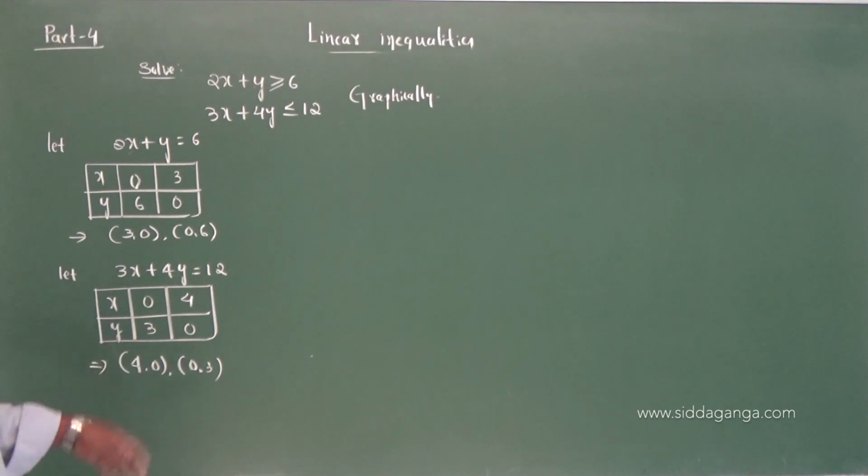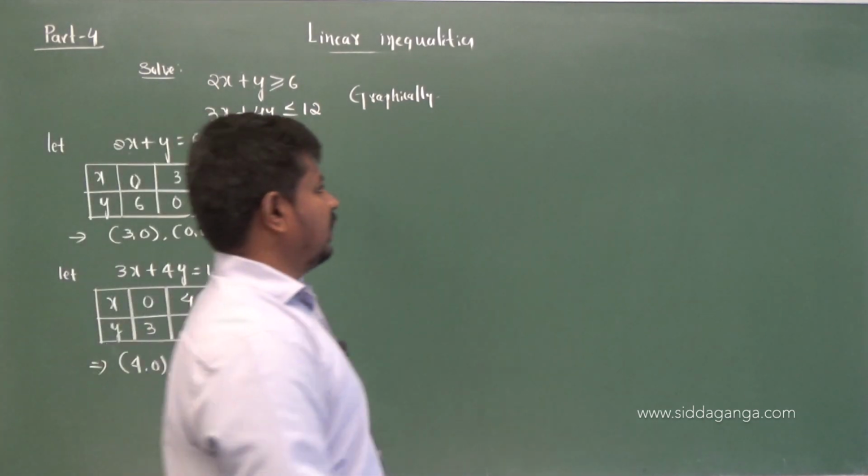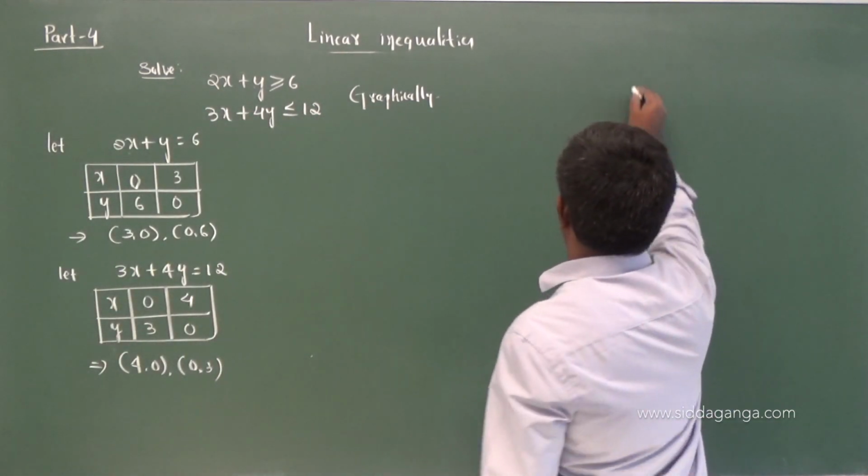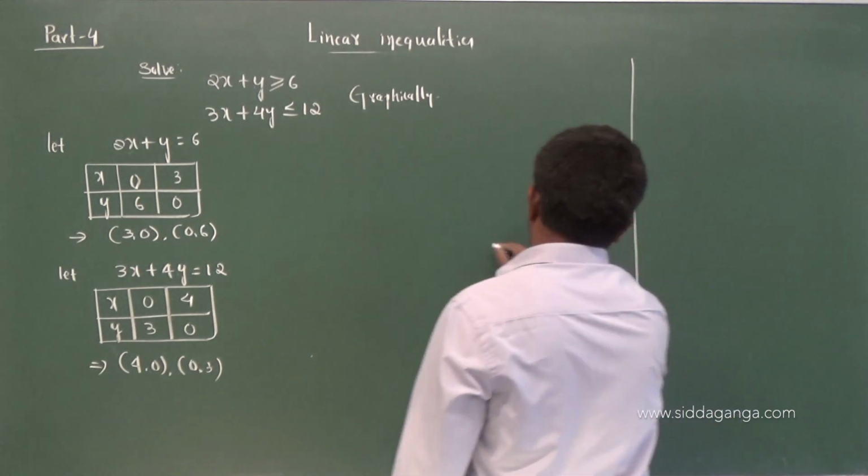So now take the scale, 1 centimeter is equal to 1 unit on x. No change in the scale.